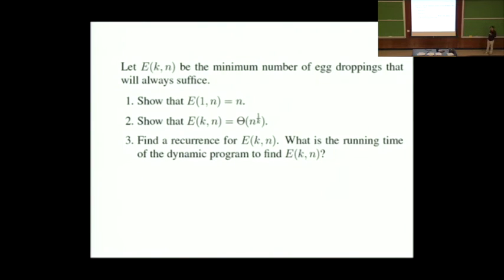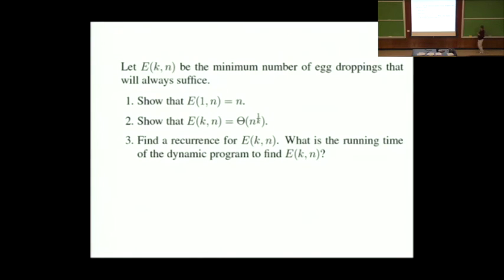What other ones are these? If you look at this thing, is there any case here that becomes redundant that maybe we want to cancel here? Do we ever care when we have more eggs than floors? No, because, right, we're never going to do worse than linear search, right? We're never going to need more eggs than floors, right?